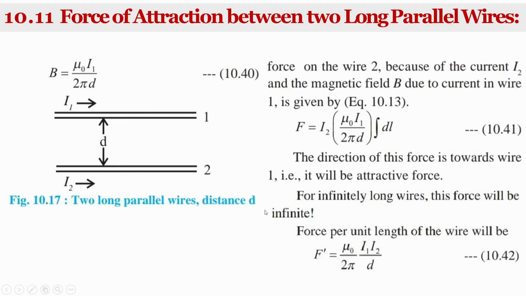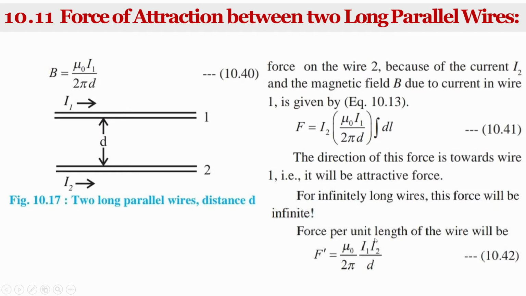Then we divide by length on both sides. So we divide by length, that is, force per unit length. Suppose this is denoted by F dash. So the force per unit length of the wire is F dash, and the length divided by length gets cancelled, so what remains is mu naught I1 I2 upon 2 pi d.